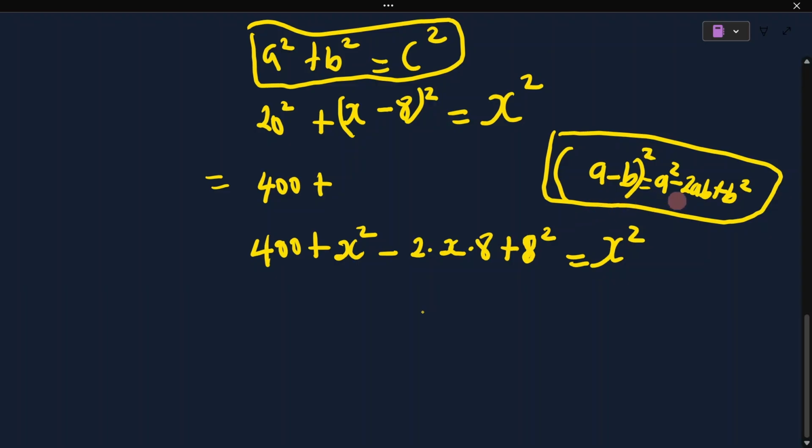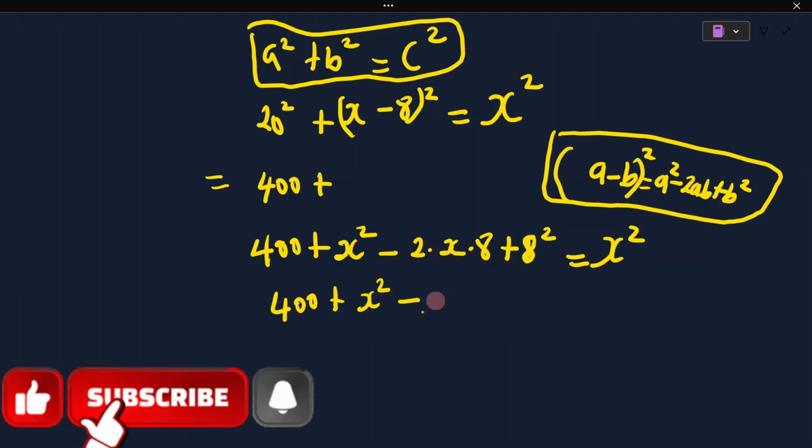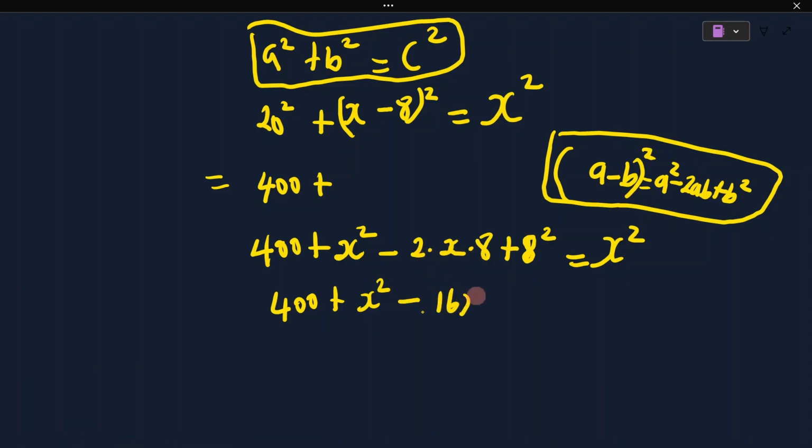So at this point, we applied the algebraic identity in order to solve s subtract 8 all squared. So if we solve, we now have 400 plus s squared, subtract 2 multiply s multiply 8 gives us 16s, plus 8 squared is 64, which is equal to s squared.